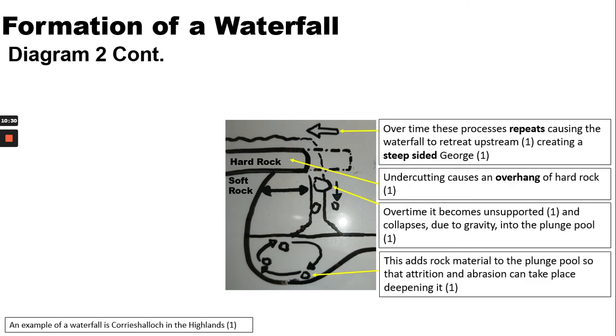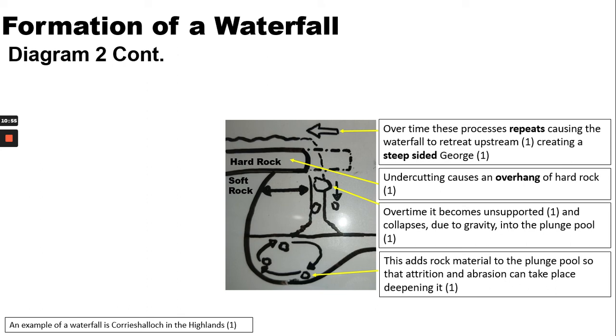Other marks for a waterfall, remember, this is your last slide on a waterfall. So it's the same diagram, different annotations. So what does this arrow mean? This is why I want you to draw a diagram, because these will give you clues or things to remember to do. You've got this section here, dotted line, and this arrow, and it's reminding you that over time these processes, particularly the hydraulic action and abrasion, keep happening.